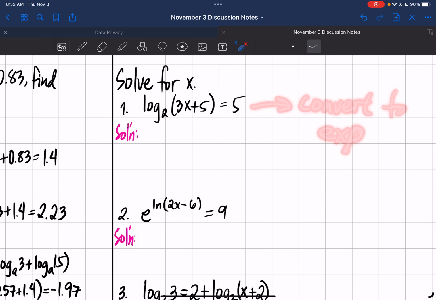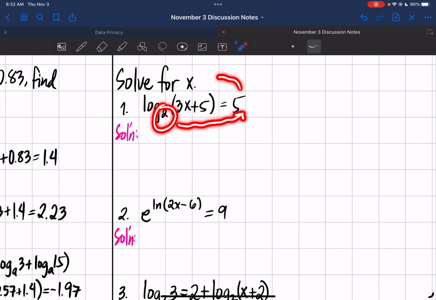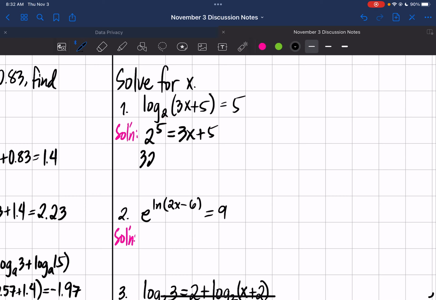So we have 2 raised to 5 equals 3x plus 5. 2 raised to 5 equals 32. So we have 32 equals 3x plus 5. Let's move the 5 to the other side. 32 minus 5, this is 27 equals 3x. And this gives us x equals 9.